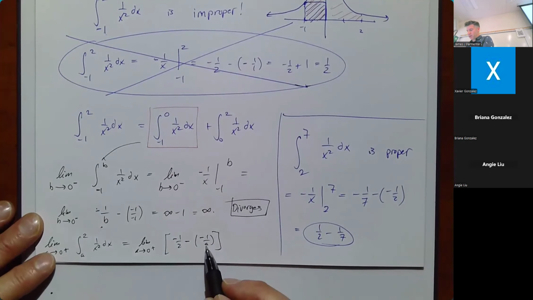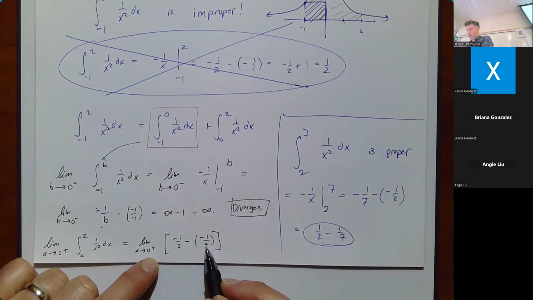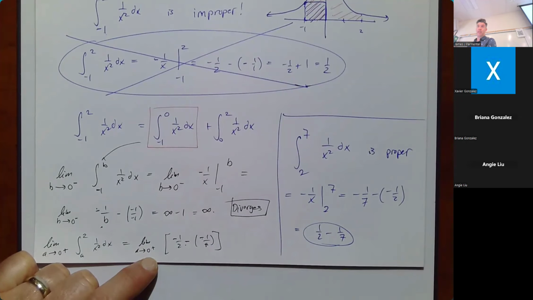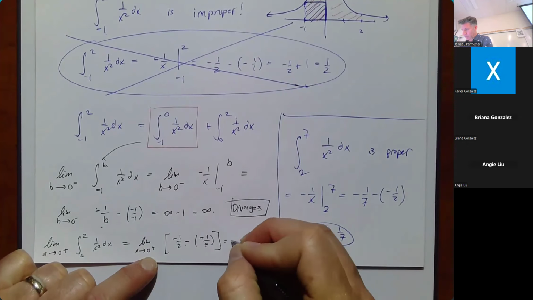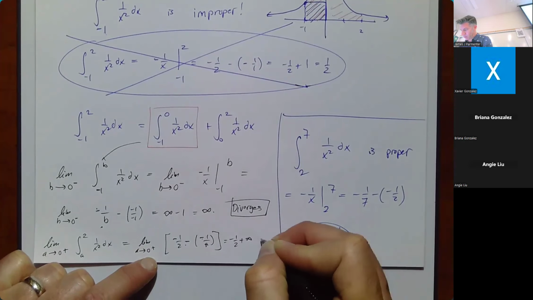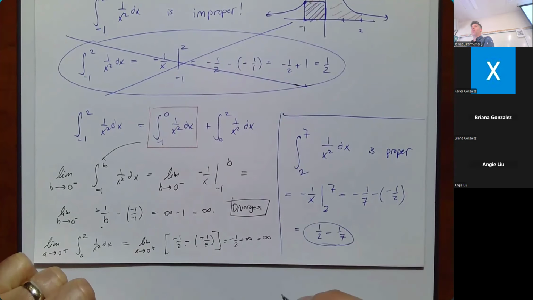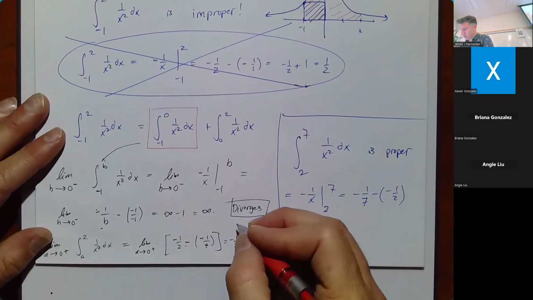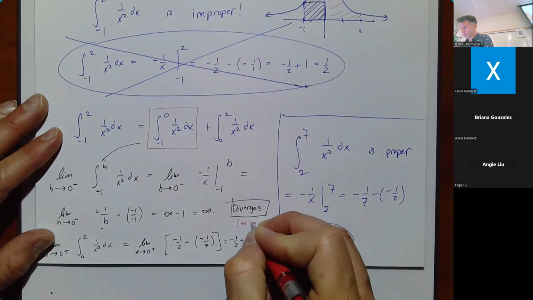As a goes to a slightly positive number, negative 1 over a is 1 over a, which is 1 over a very, very small positive number, which is going to go to positive infinity. So we end up getting negative 1/2 plus infinity, which is infinity. So we could say, if we had to, that this entire integral diverges to positive infinity.